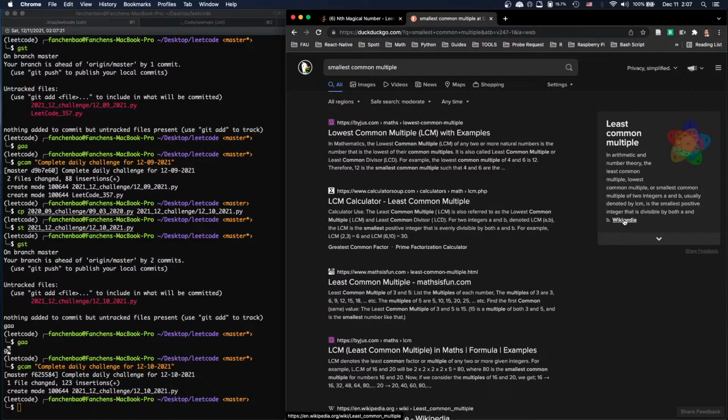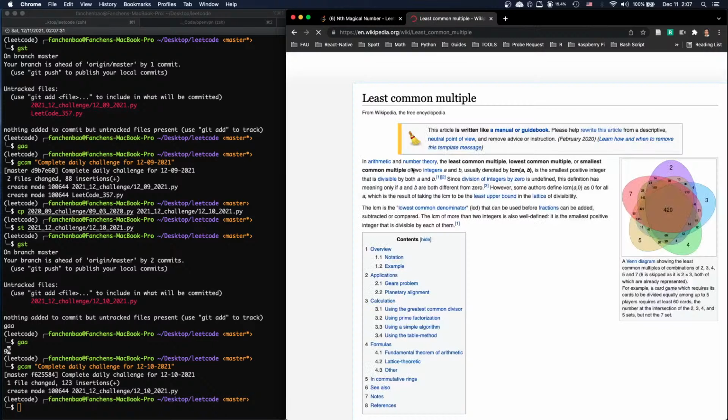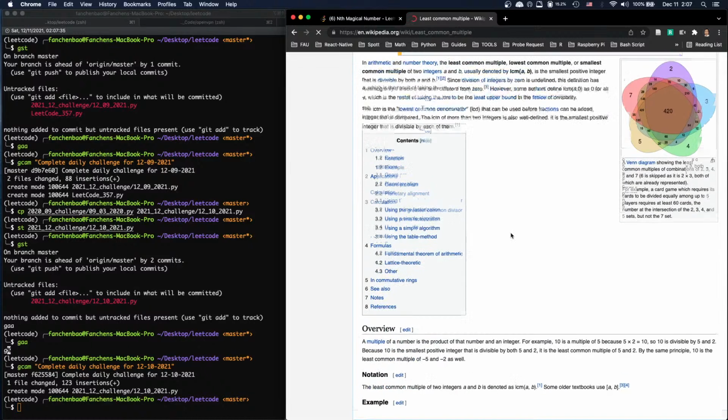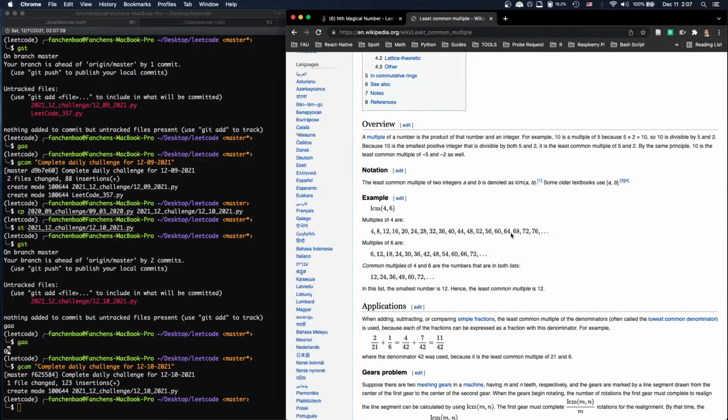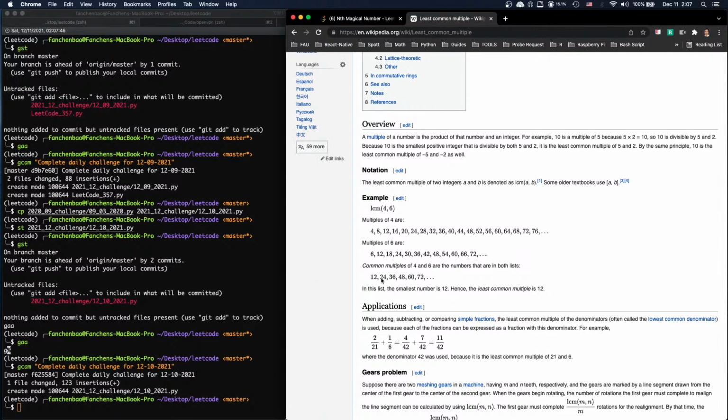There has to be a formula for this. 12 is the least common multiple, exactly. See, they're all divisible by 12. 1, 2, 3, 4, 5, 6, yeah.